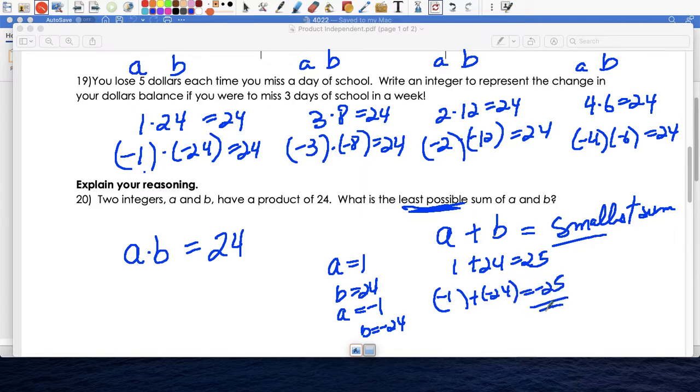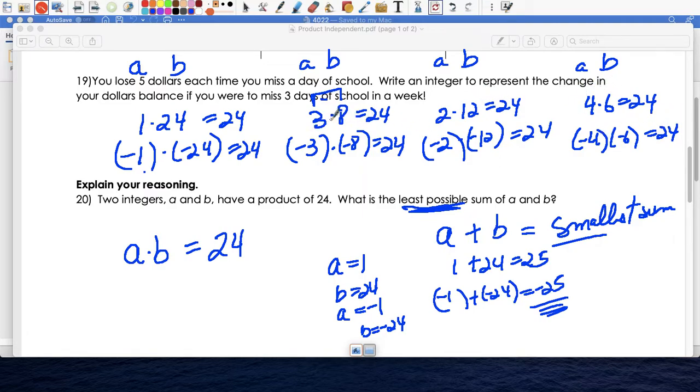So that's a number that's very far to the left of 0, right? So very least in value, very small number. And again, obviously, if A is 3 and 8, or 2 and 12, or 4 and 6, we're talking about positive numbers, right?